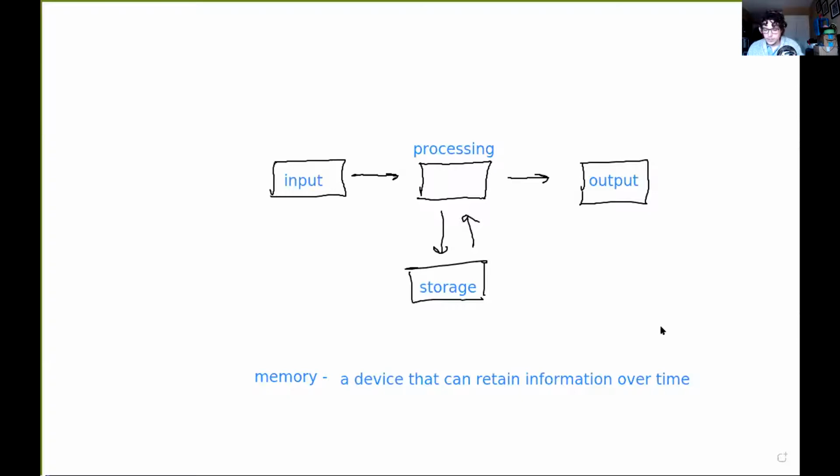And memory, then, is the ability to recall information. So it's a device that can hold on to information over time. And this is a problem that we have worked with since really the beginning of time.